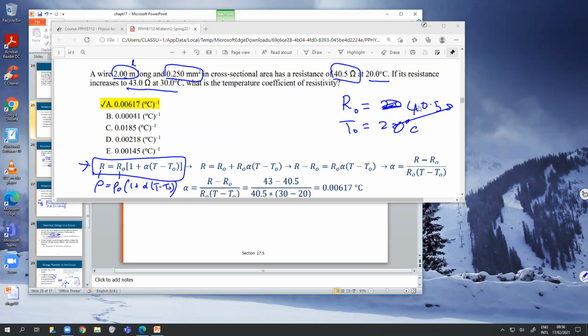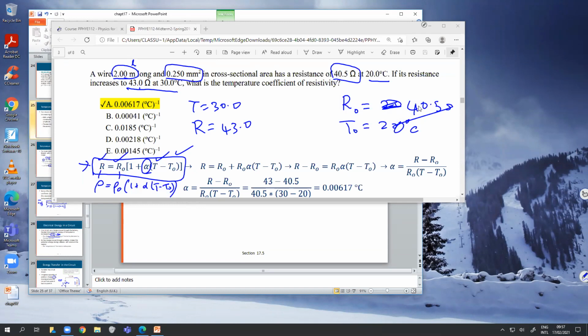And this is the temperature that we are interested in. T is equal to 30 degrees, and the resistance is increasing from 40.5 at 20 degrees to 43 at 30 degrees. So we are given these values, find alpha.